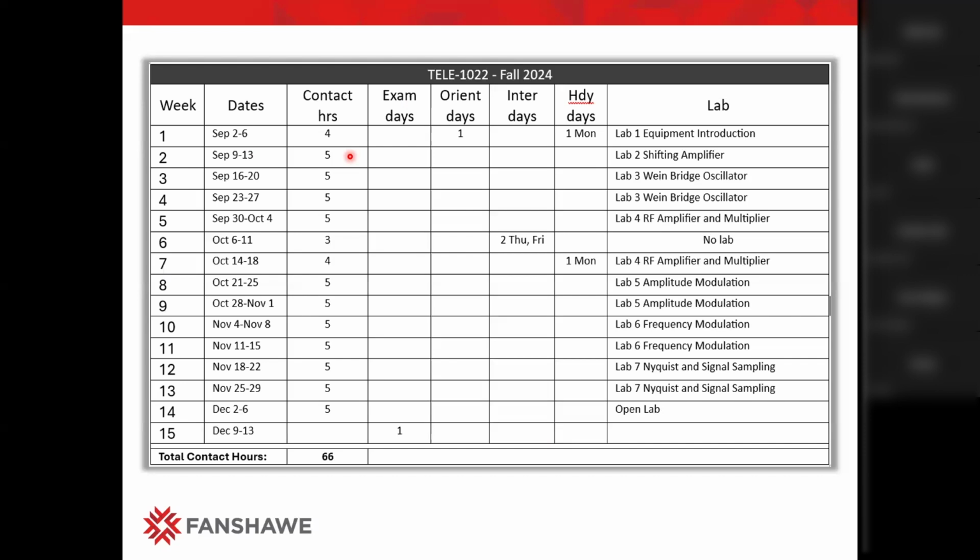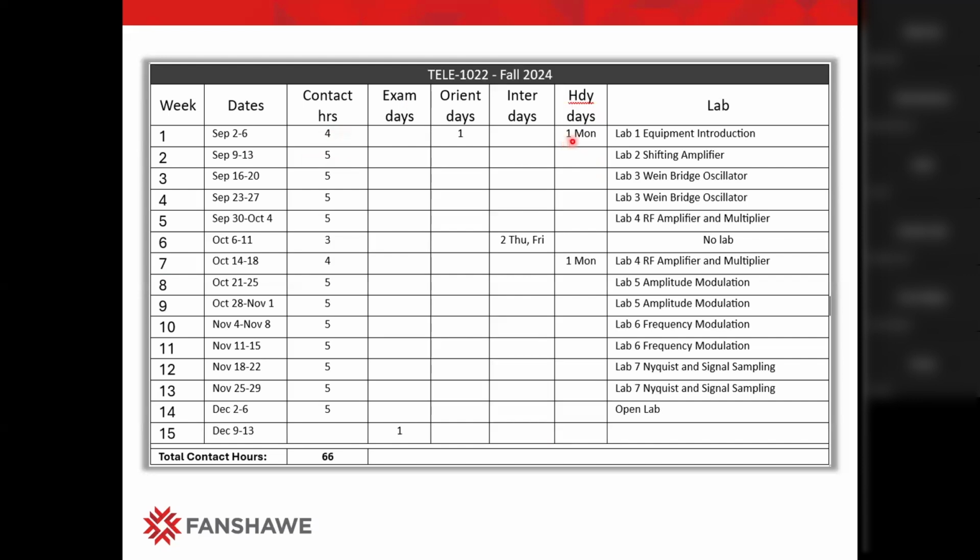We have 3 hours of lecture and 2 hours of lab time, so that comes down to 5. We had 4 contact hours this week because we lost the Labor Day Monday, so I just have to fit that in as a holiday.